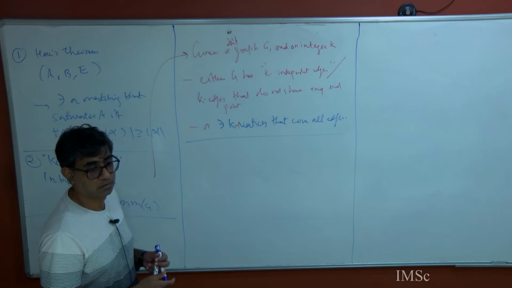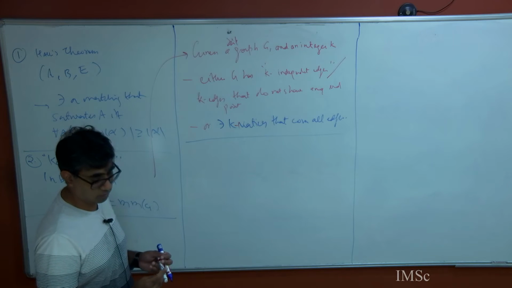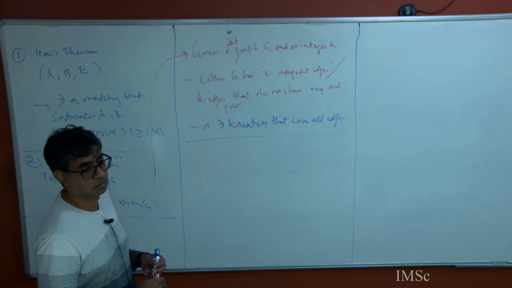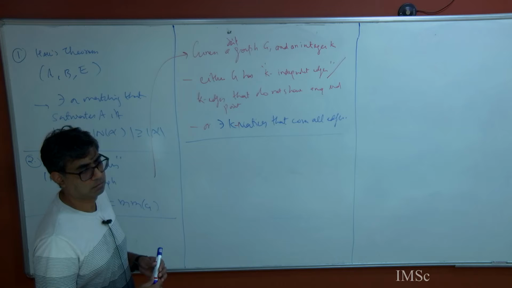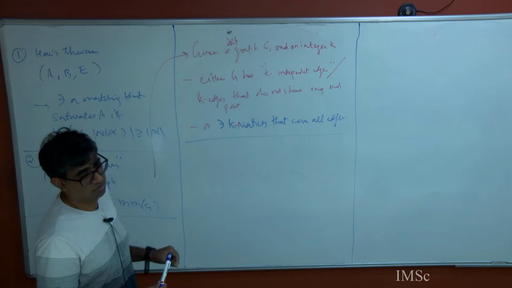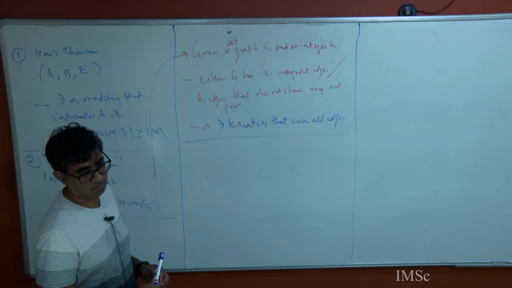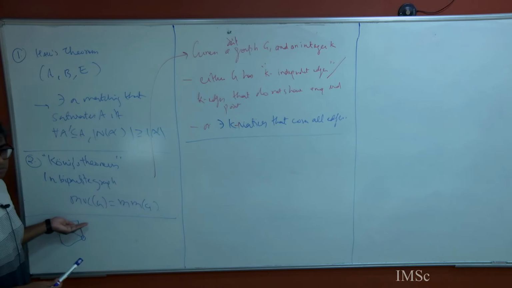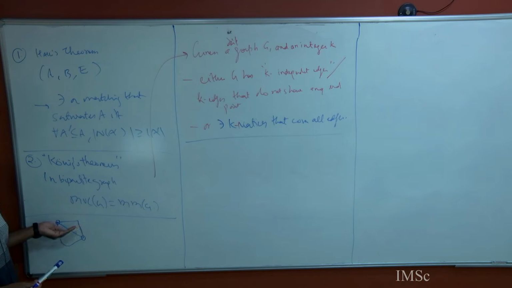Yes, tell me. If a k minus 1 size matching is there, then we need to pick all those vertices. Look at the input now. What does this theorem tell you? In a bipartite graph, there is a vertex cover whose size is equal to the maximum matching.